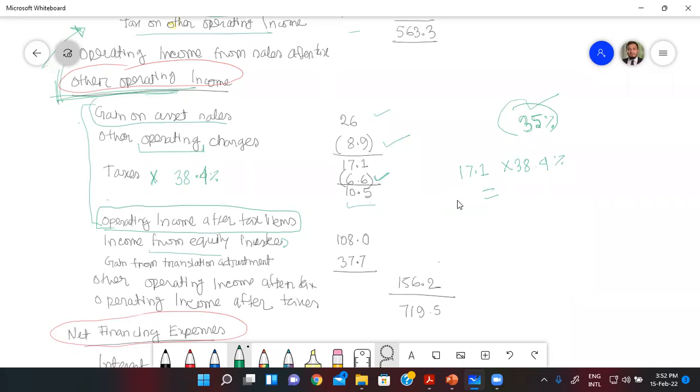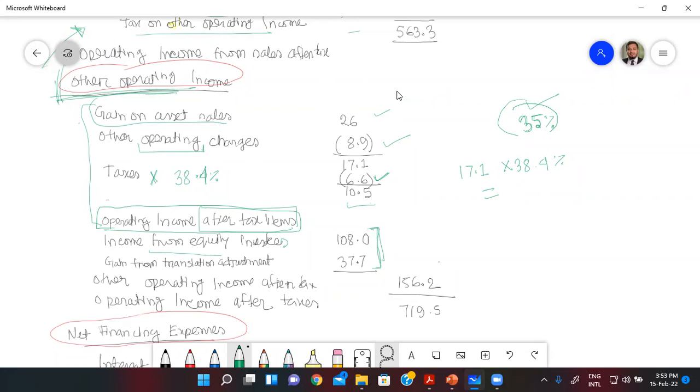It is not actually the total. Rather, it is that portion of other operating income on which the tax was not yet calculated. That's why we have calculated tax. After tax, this portion is 10.5. But we have some other portions which are already after tax, that's why they are not included here.